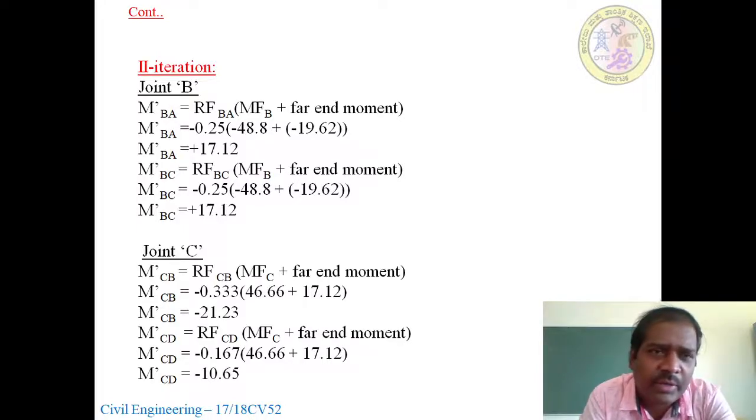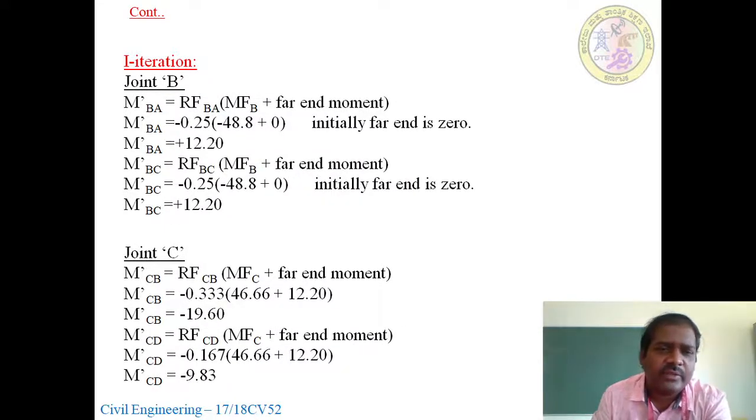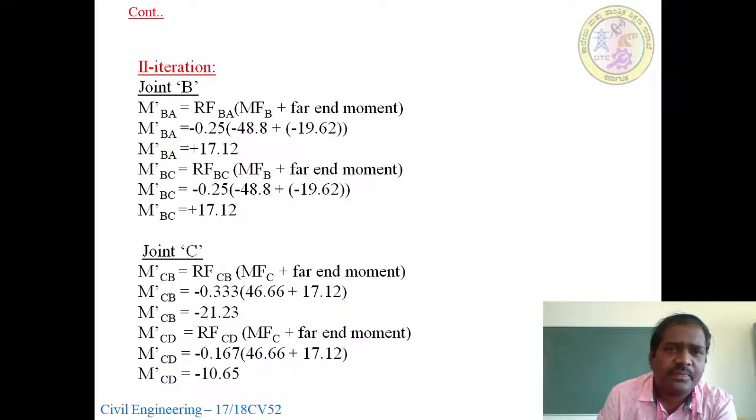So now we will come to the second iteration. See, in the first iteration we calculated M dash BA, M dash BC, M dash CB and M dash CD. Now the second iteration. Same equation: rotational factor of BA into MFB plus far end moment, minus 0.25 into minus 48.8 plus, it was 0 earlier, now you have a value, 19.6.